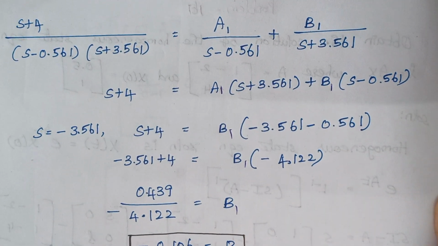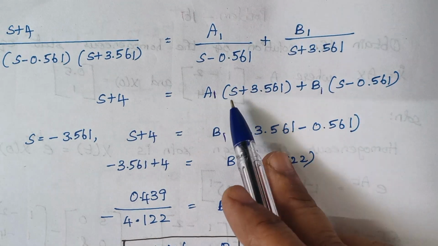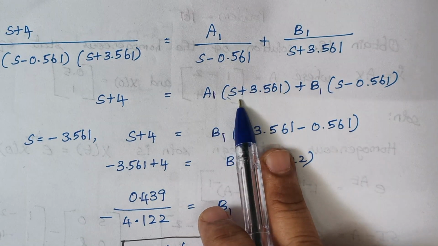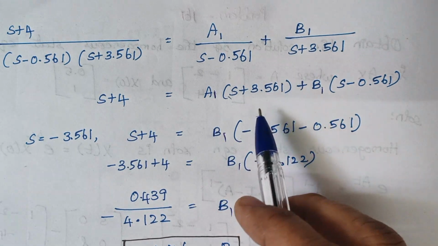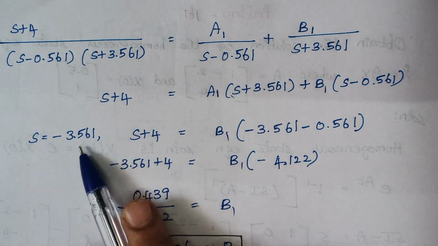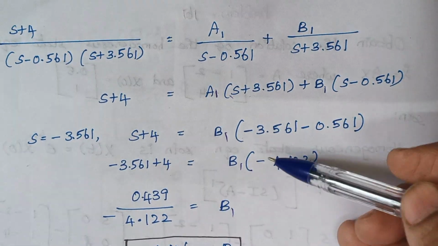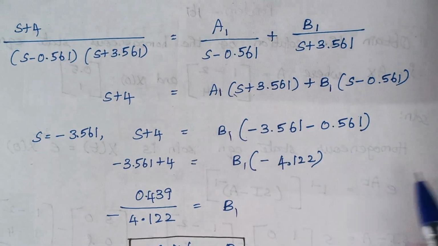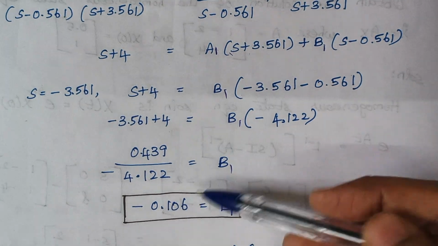So to find the value of B1, we substitute the value of S as minus 3.561. When S is minus 3.561, the value of A1 becomes 0, right? So just substitute the values accordingly. Therefore, it is easy for us to calculate the value of B1, which is minus 0.106.